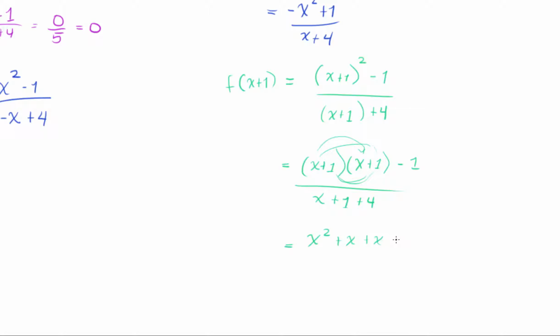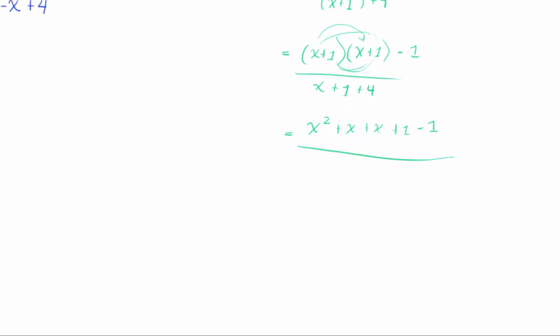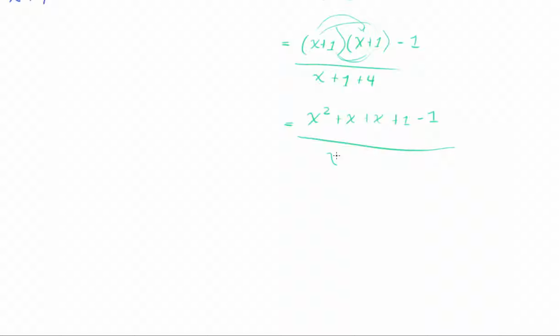And 1 times 1 is 1. And then the minus 1 from this side, over x plus 5. Now adding like terms, you're left with x squared plus 2x. 1 minus 1 is 0 over x plus 5. Okay, and that will be your answer.